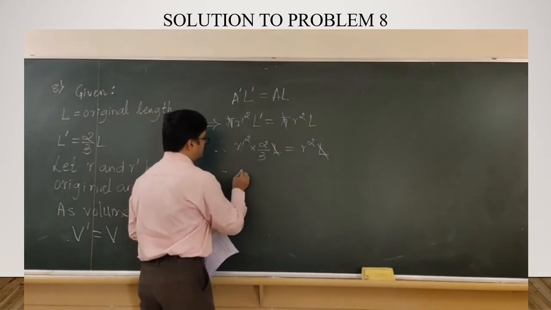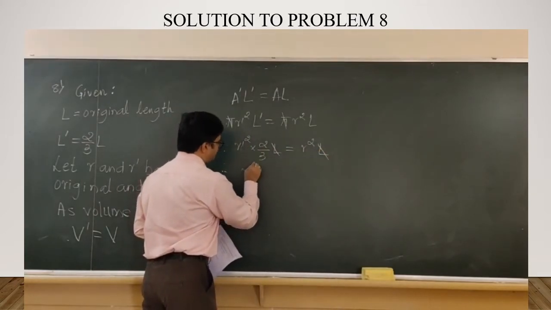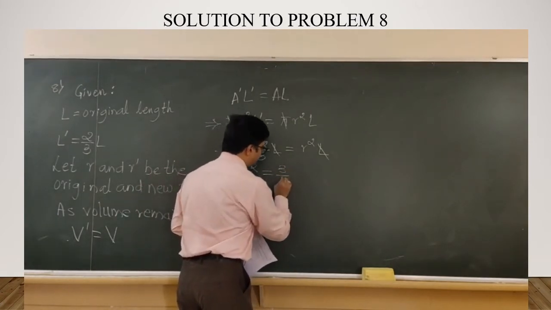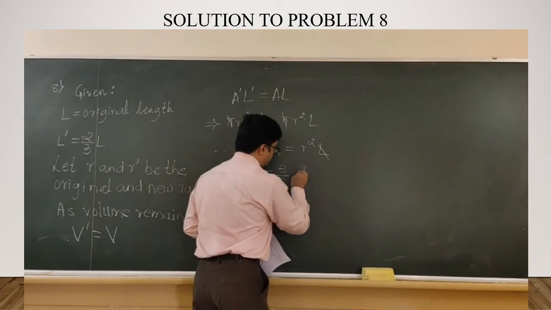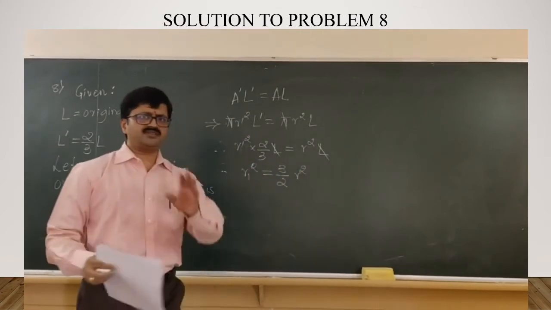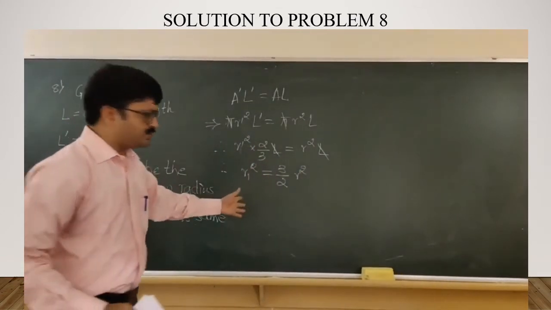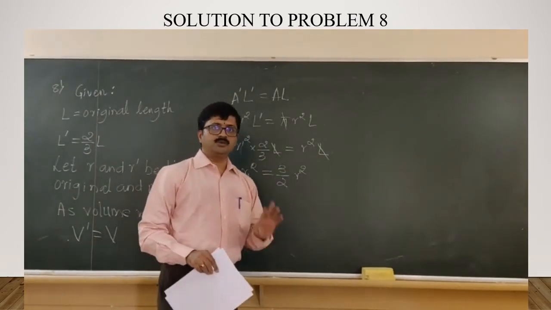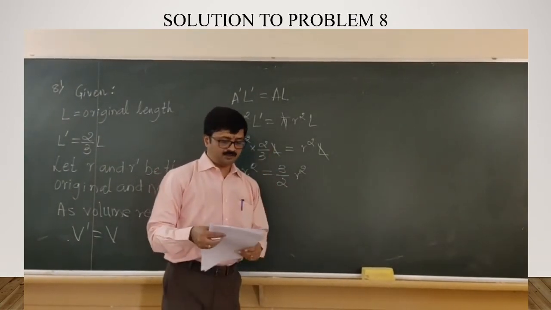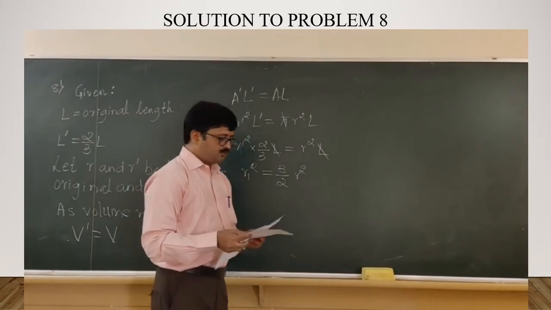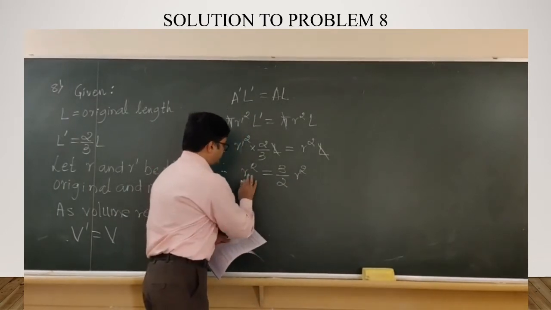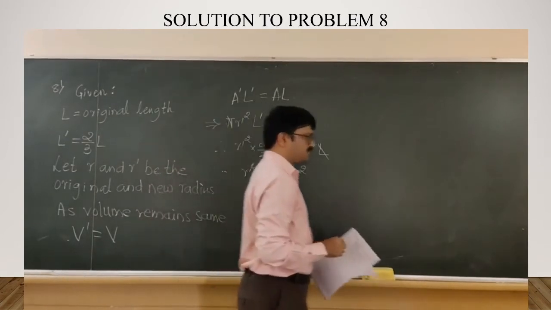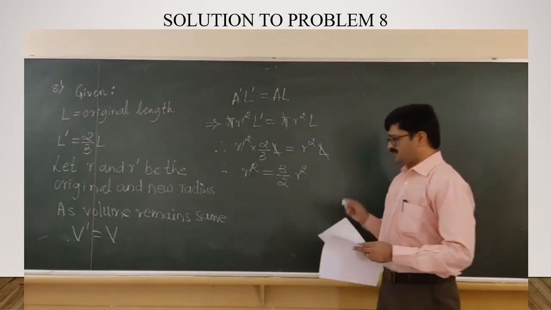So therefore R dash square is equal to 3 by 2 times of R square. Now we will not take the square root of this. Why? Because we can directly make use of R square in the formula rho L by A. So R dash square is equal to 3 by 2 times of R square.